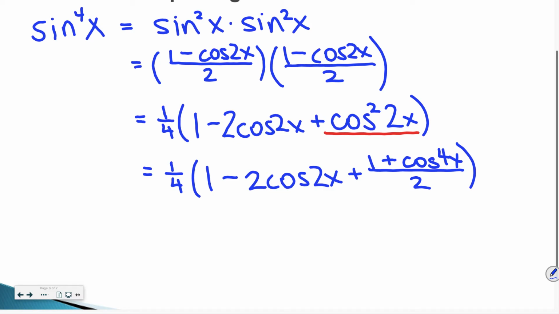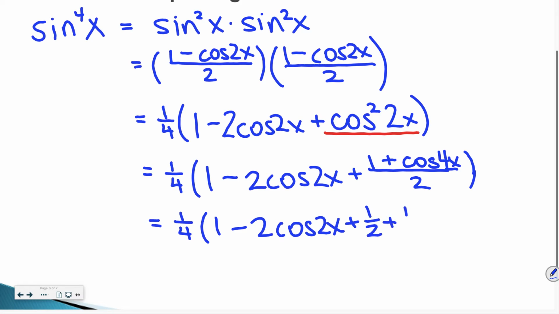Okay. Now, we've done everything we need to do. We just now need to make it look pretty. Nope, it's 4x. I'll rewrite it so it looks a little bit better. So what we need to maybe do is break this apart to 1/2 plus 1/2 cosine of 4x, because we are going to be able to combine 1 and 1/2 together.